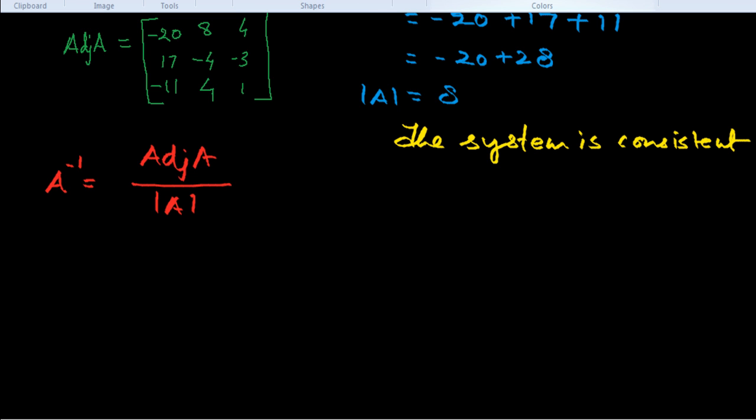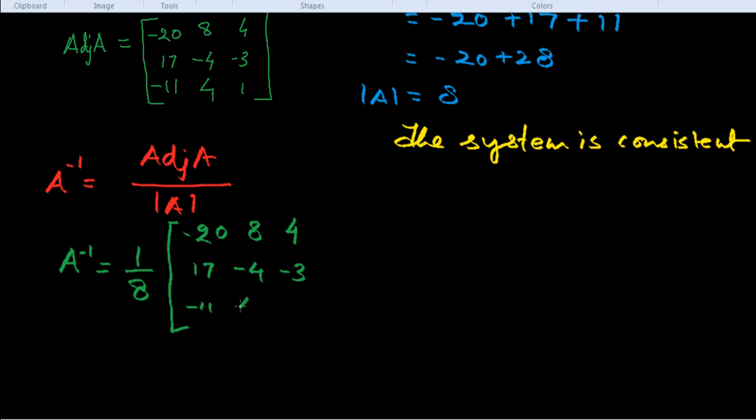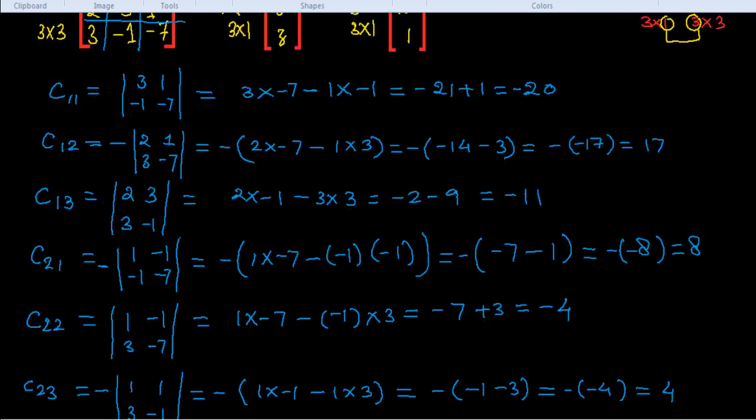A inverse is equal to 1 over 8, this is the determinant value, and here minus 20, 8, 4, 17, minus 4, minus 3, minus 11, 4, 1. So this is the A inverse we have got.